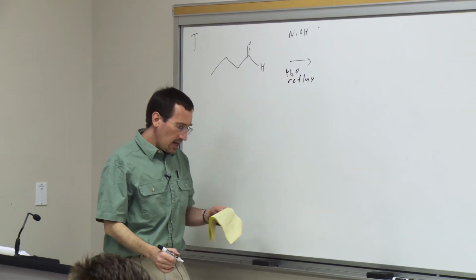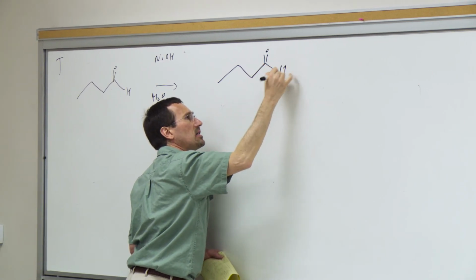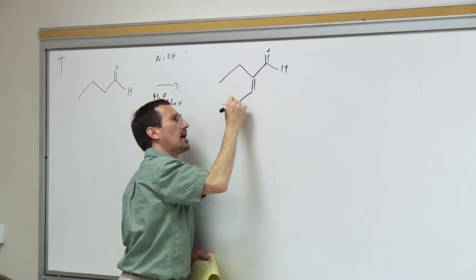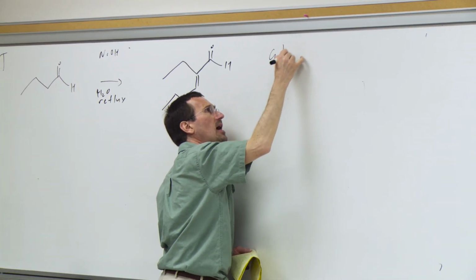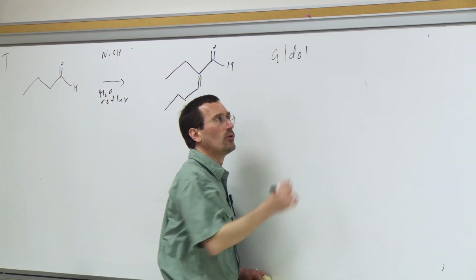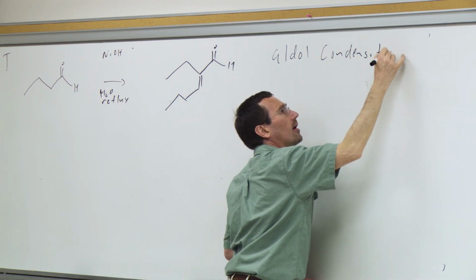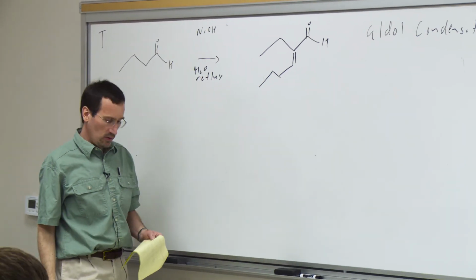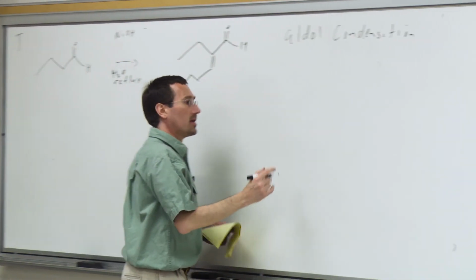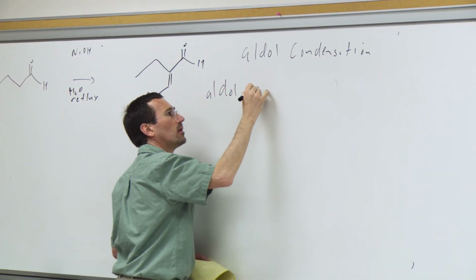Then we can expect to get, and indeed do get, the alpha-beta unsaturated carbonyl compound in what's sometimes referred to as an aldol condensation. Condensation means loss of a molecule, usually loss of water. So it's the aldol reaction with dehydration.